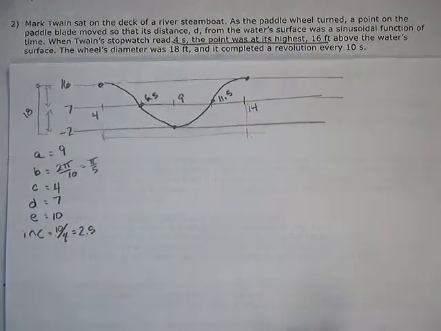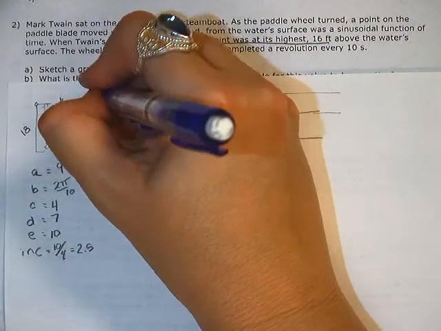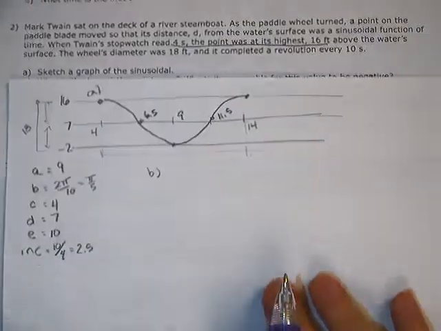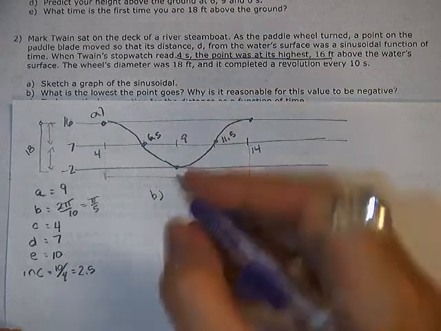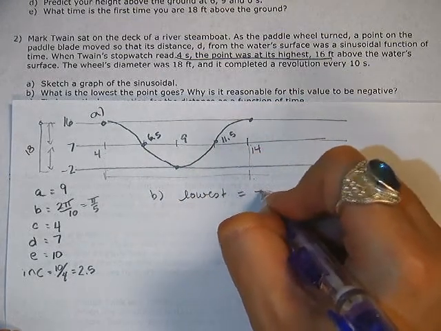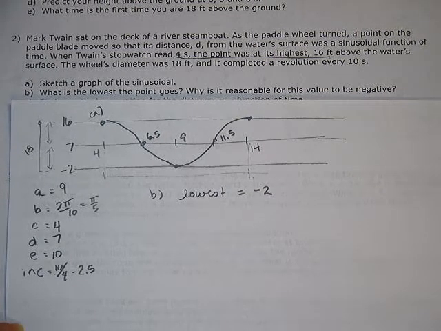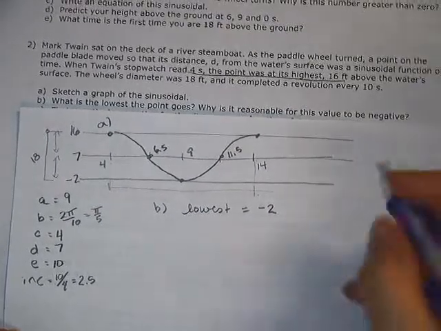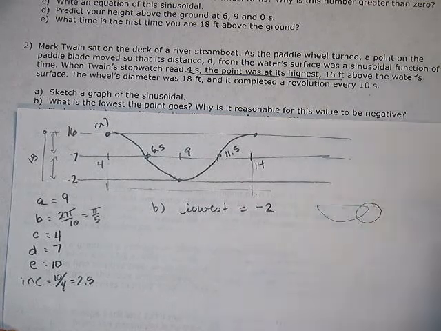Okay, if I look at my question parts, the first thing it says, A, was sketch the curve, so we just did that. B says, what's the lowest point that the water wheel goes? The lowest point is negative 2. Does that make sense in our problem? We're talking about how far down the water wheel goes, on a boat with a water wheel on the back of it.